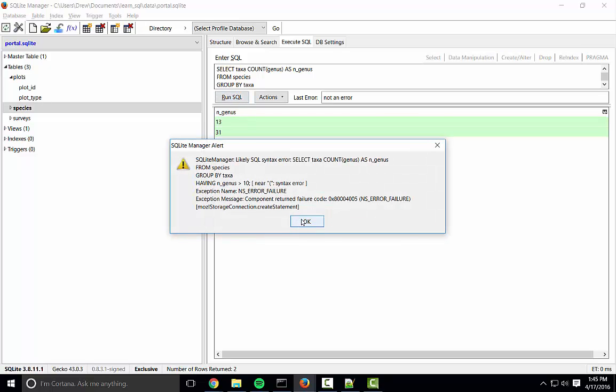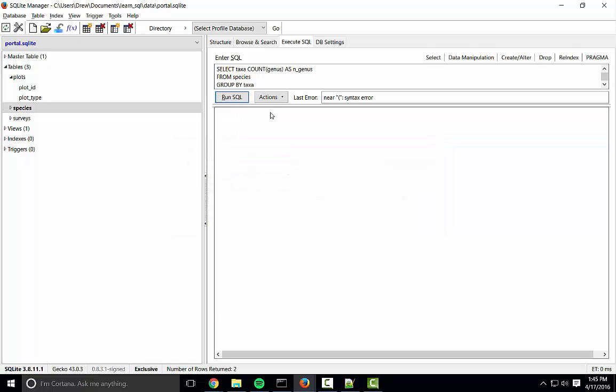Parentheses. Oh, I see. That has to be a comma-separated list. There we go. That'll fix it. So there are 13 genera in birds, 31 genera in rodents.